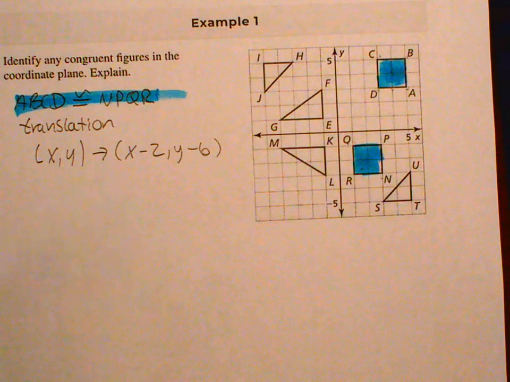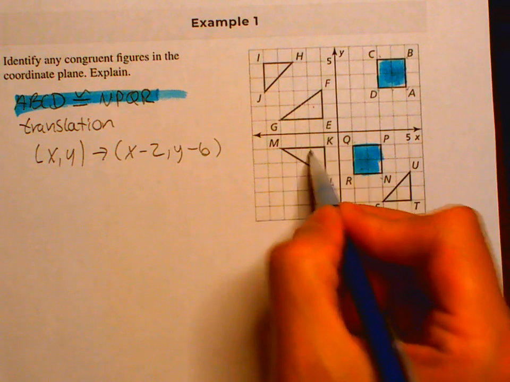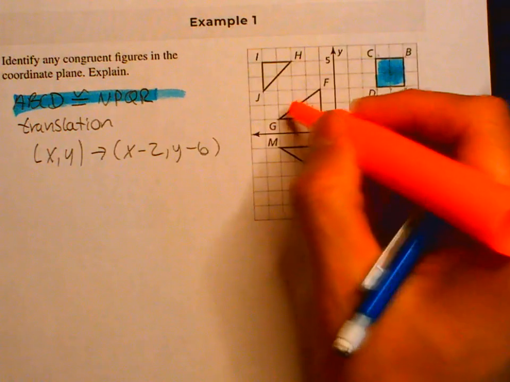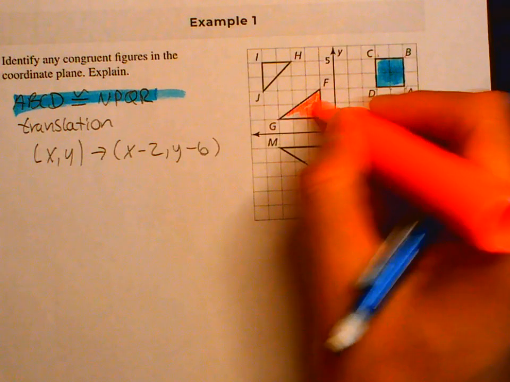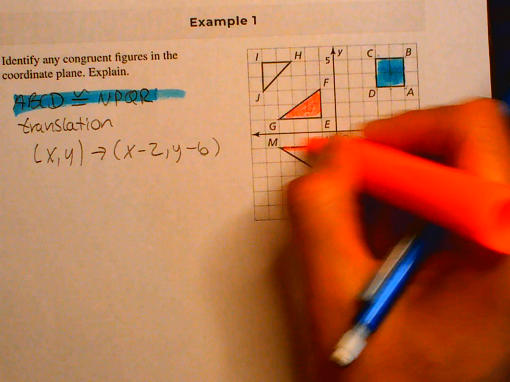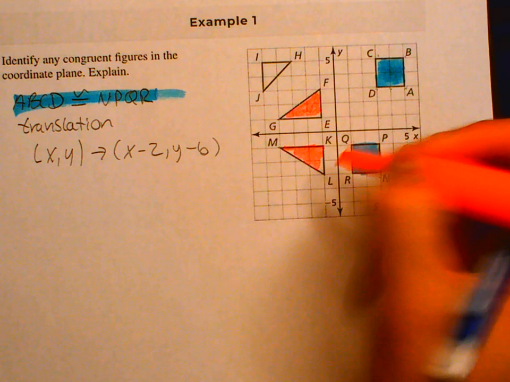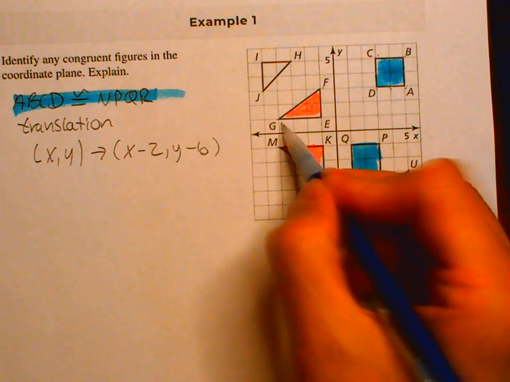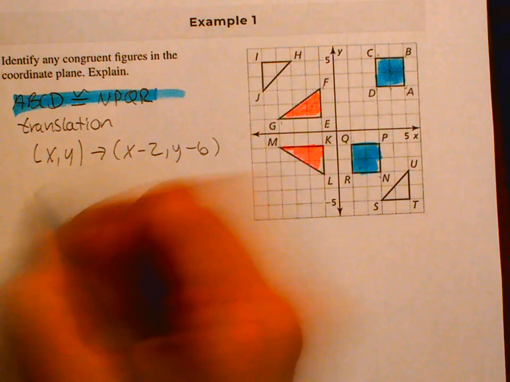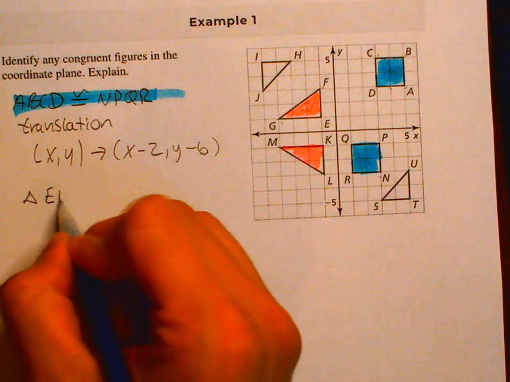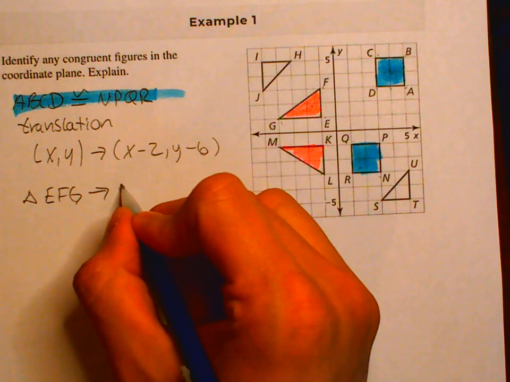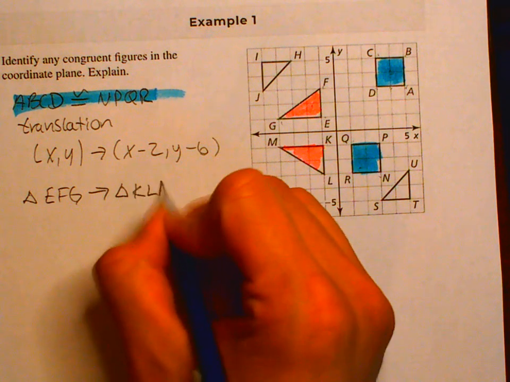Are those the only ones? No, there's more. Okay, you can look at this triangle with this triangle. This triangle and this triangle happen to be congruent. So that means that there's a sequence of transformations that can map one onto the other. So triangle EFG mapping onto triangle KLM.